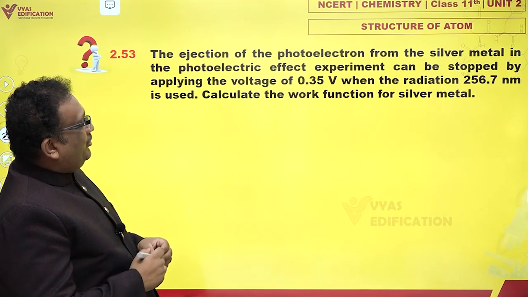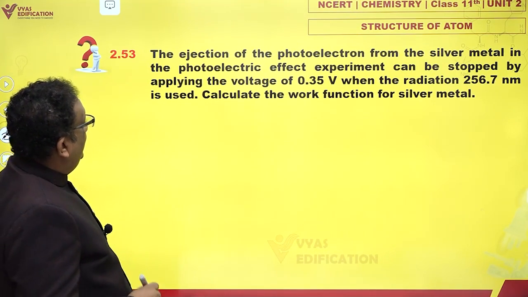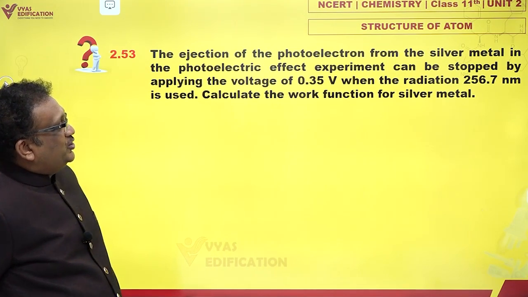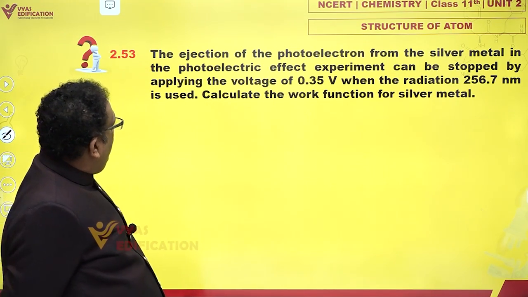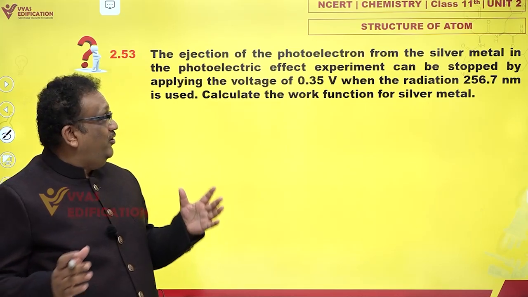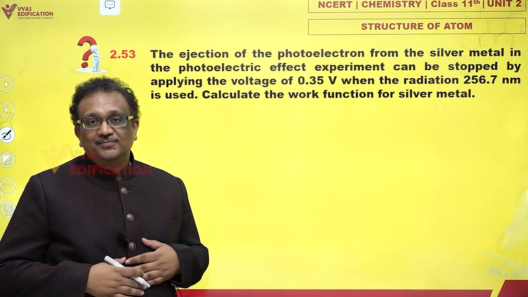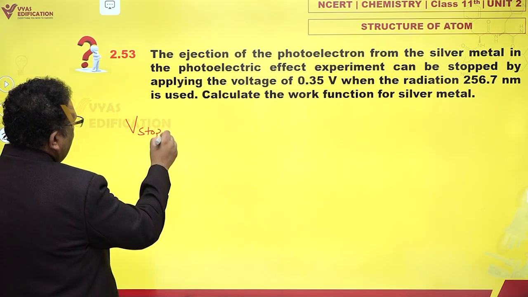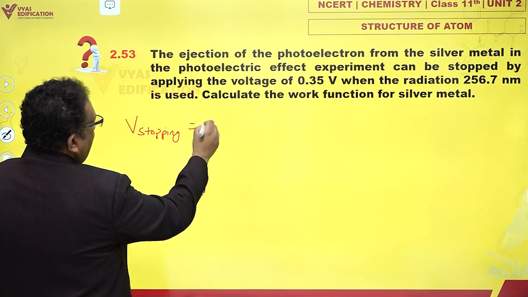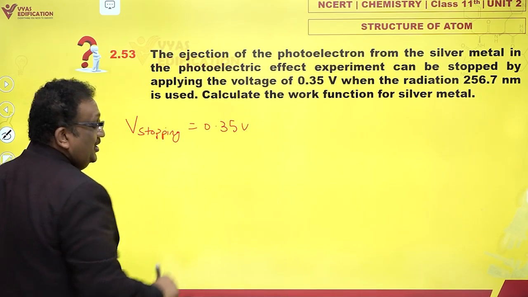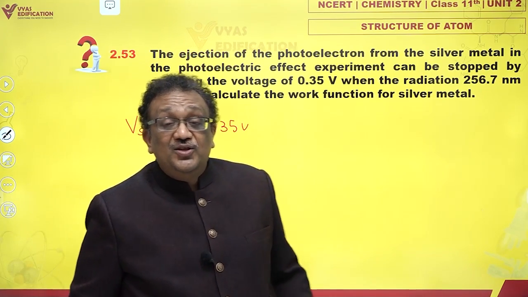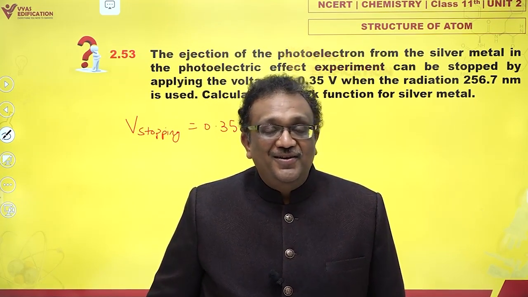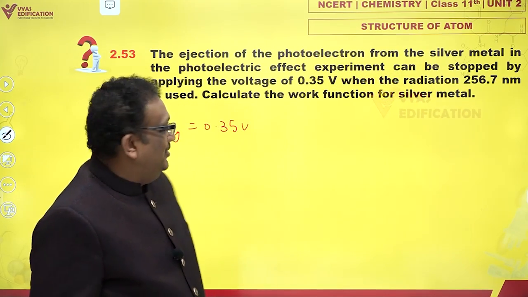The ejection of photoelectrons from silver metal in the photoelectric effect experiment can be stopped by applying a voltage of 0.35 volts. It is given that stopping potential is 0.35 volts. Are you aware that this will give you maximum kinetic energy of photoelectrons ejected?